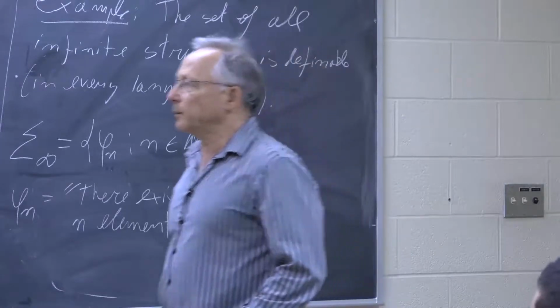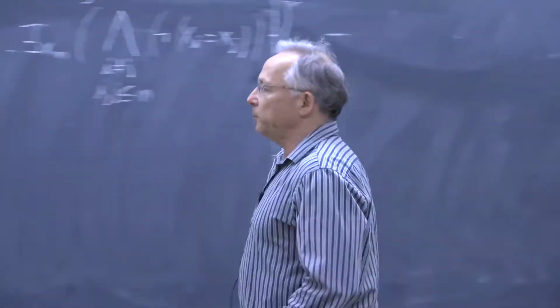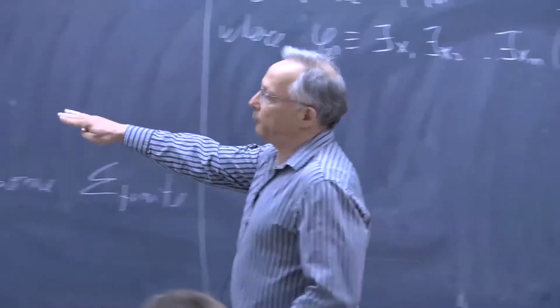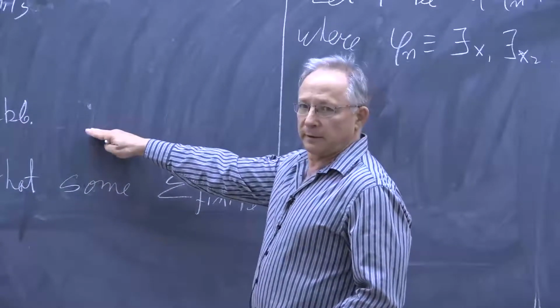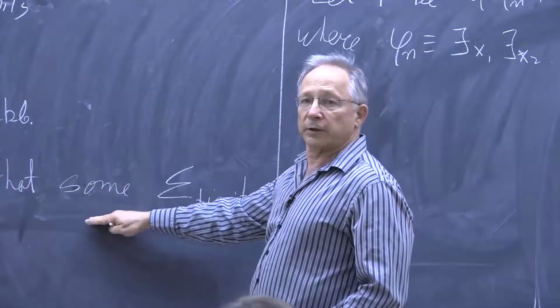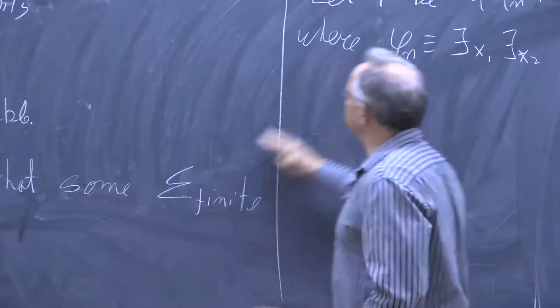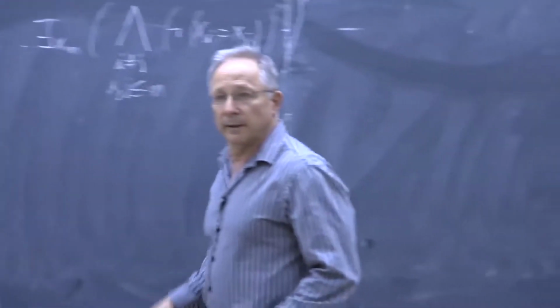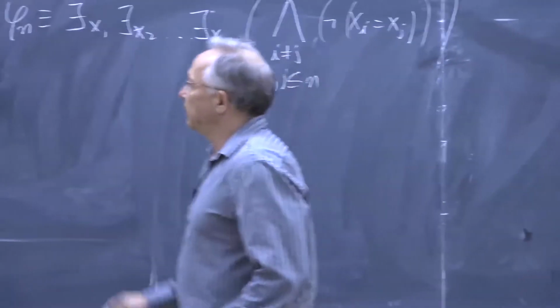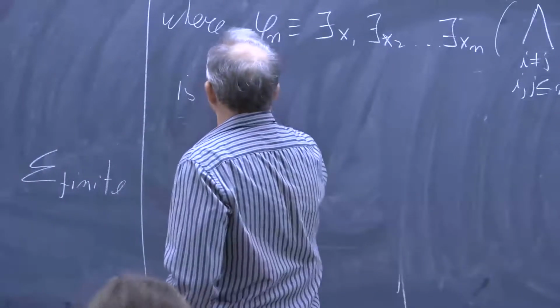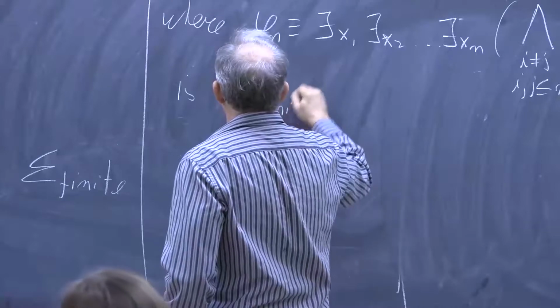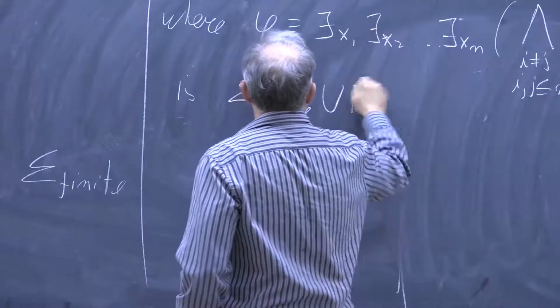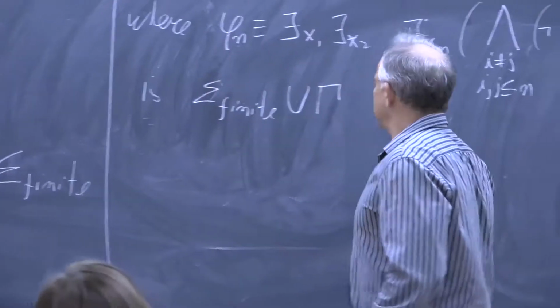Okay, so let's see what we had here. We want to show that the set of all finite structures is not definable. We assume by way of contradiction that we do have a definition. Now we consider a different set. Now I'm asking, is sigma finite union gamma satisfiable?